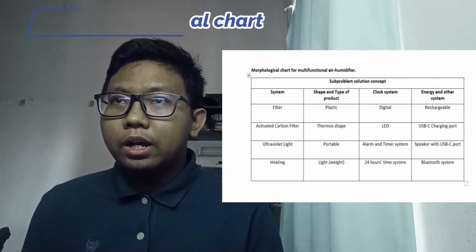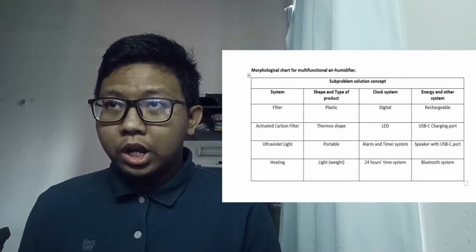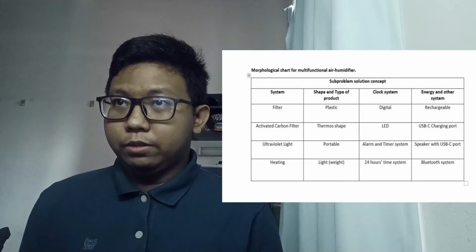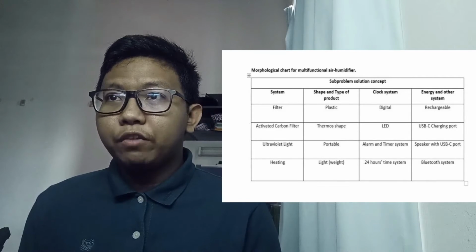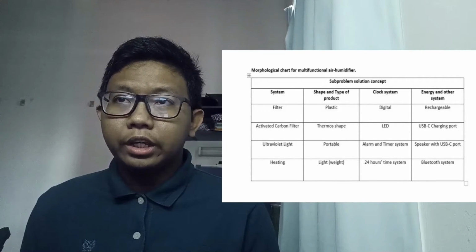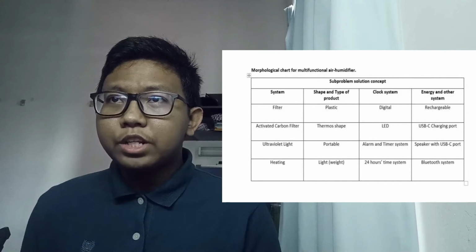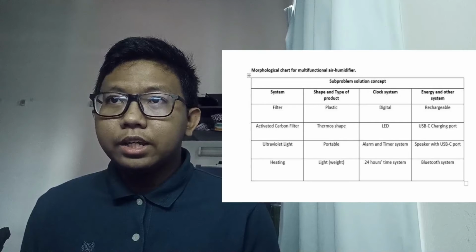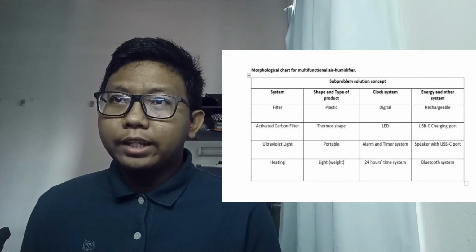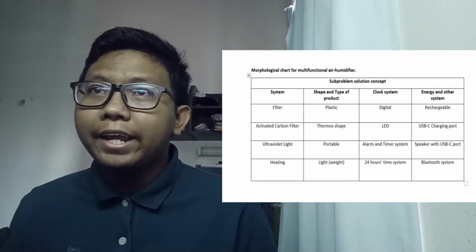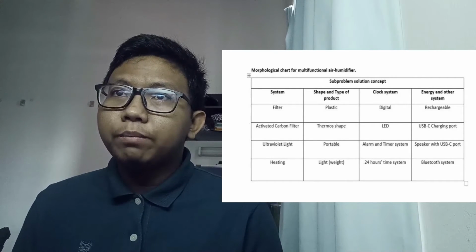As you can see, there are 4 sub-problems that we found. First is the system. The system options are filter, activated carbon filter, ultraviolet light, and also heating. For the shape and type of product, this product is made of plastic. The shape is like a thermos. This product is also portable and light. Now about the clock system.